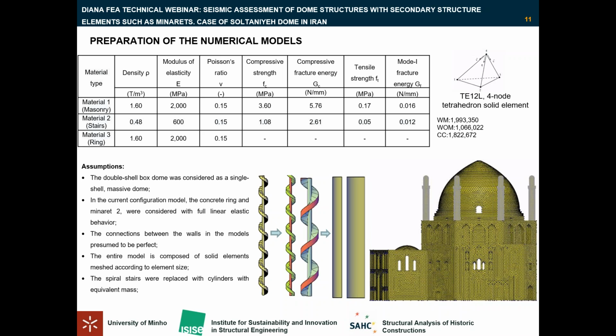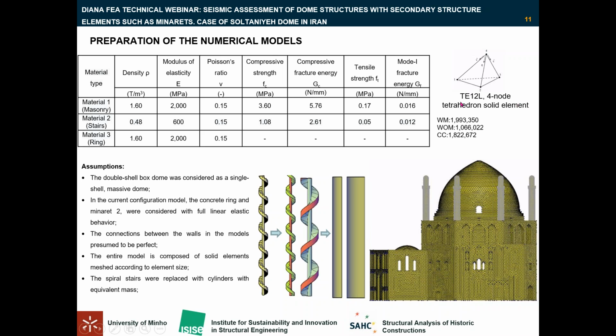And finally, material 3 adapted to the ring and minaret number 2, which represents a linear elastic behavior. The nonlinear behavior of masonry was simulated using the total strain rotating crack model implemented in Diana.